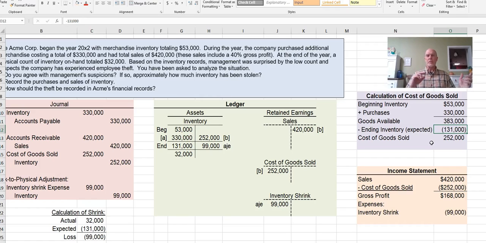As I said before, if you didn't have any idea how much inventory you should have had, then instead of 131 right here, you would have had just the physical count of 32,000, and your cost of goods sold would have been 351.